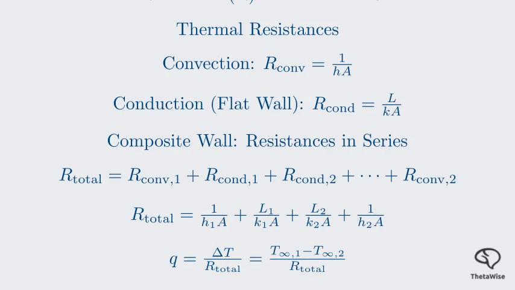If T infinity 1 is the hot fluid temperature and T infinity 2 is the cold fluid temperature, the total heat flow is simply the temperature difference between the two fluids divided by the total thermal resistance of the wall.